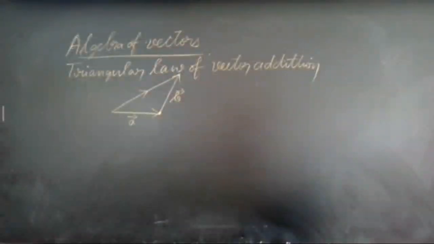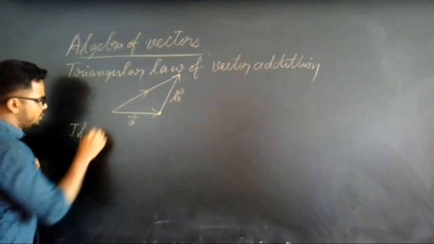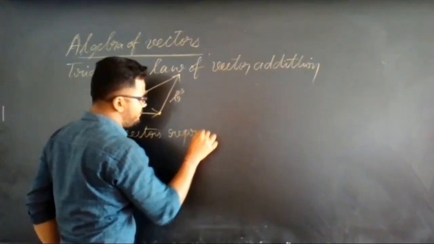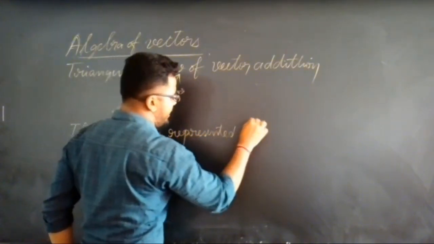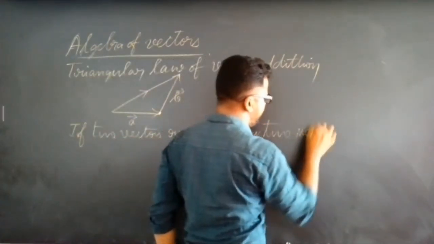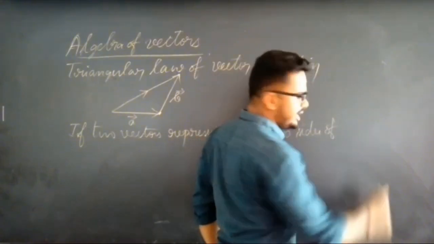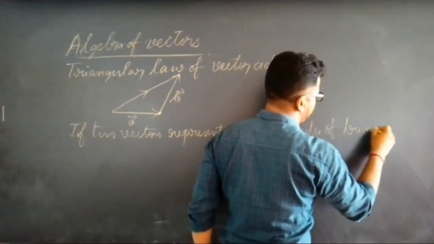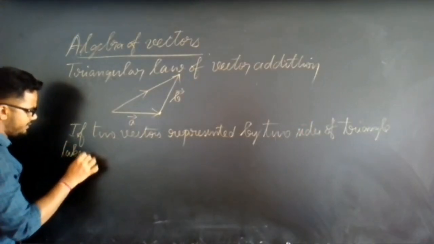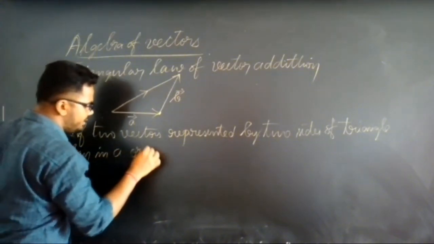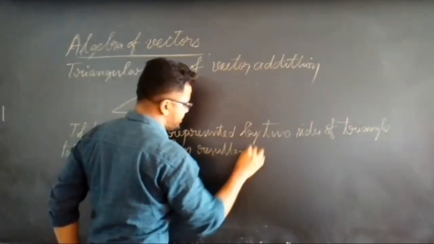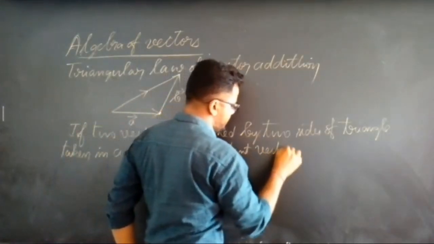Is it clear about the screen to you guys? If two vectors are represented by two sides of a triangle, taken in order, then the resultant vector is taken in reverse order.